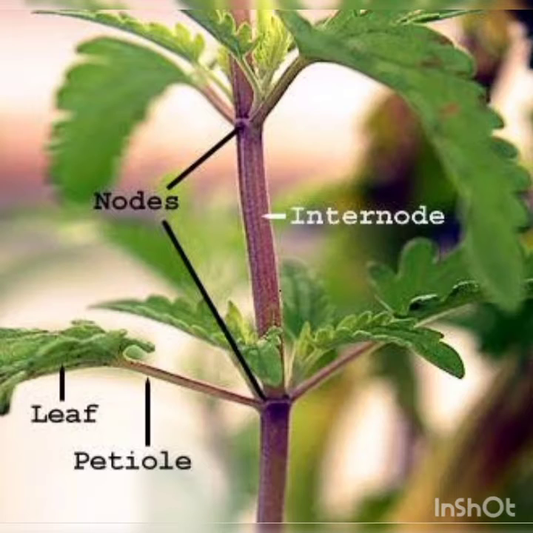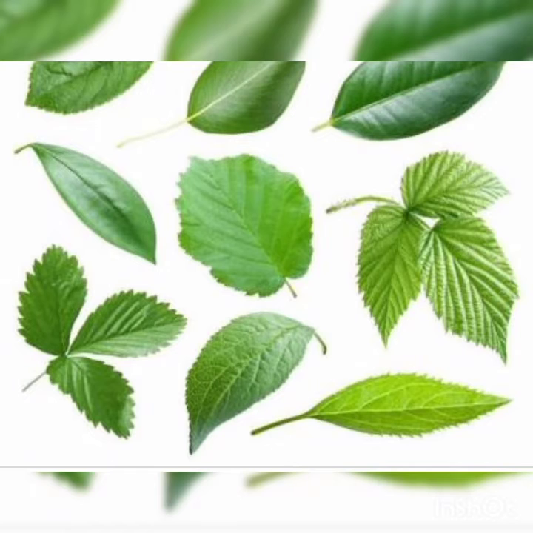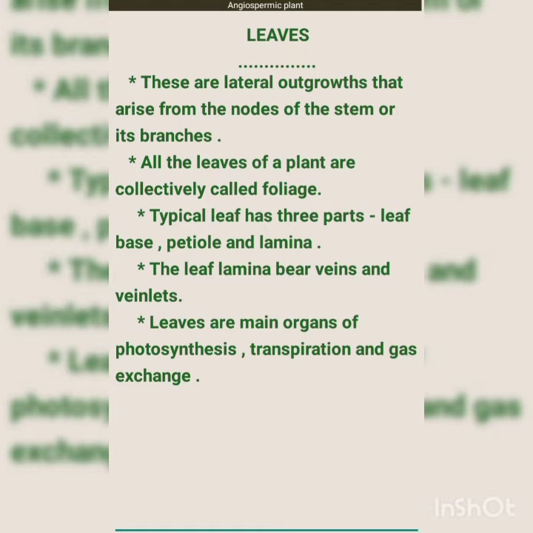Then we will come to leaf. Leaves are lateral outgrowths that arise from the nodes of the stem or its branches. All the leaves of a plant are collectively called foliage.